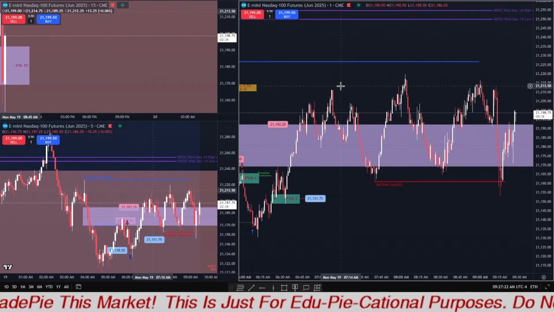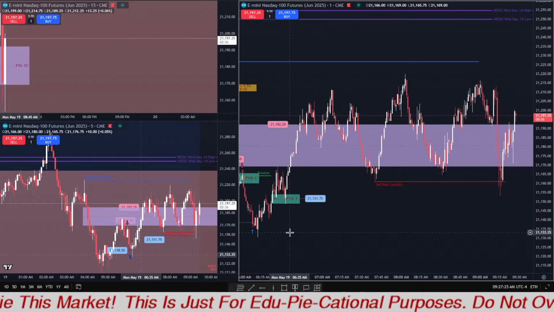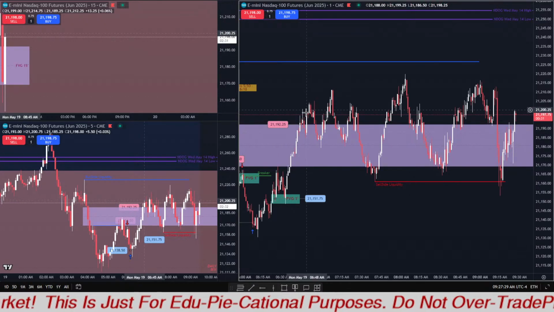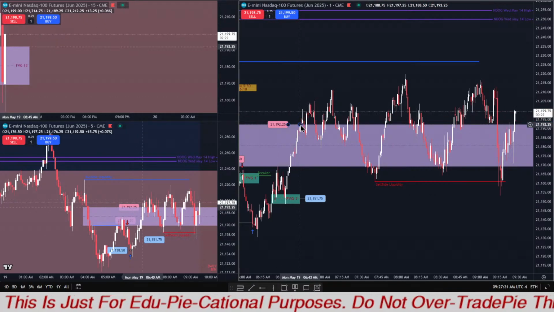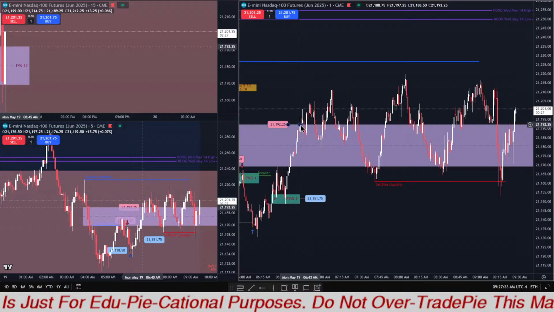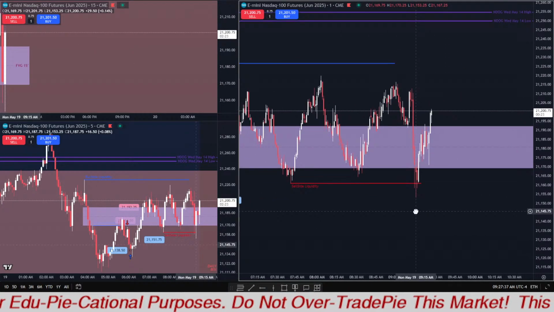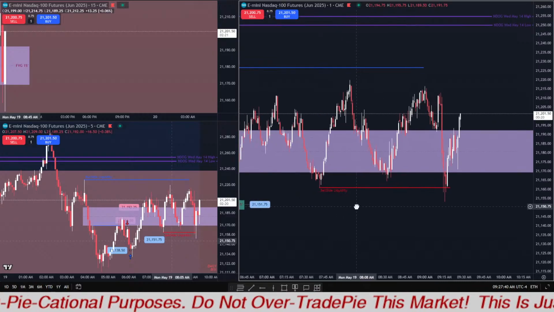After that the market had another reaction going higher. I was paper trading this position to the high of this inefficiency in the 15-minute fair value gap, and after that you see the market has been gyrating so far.